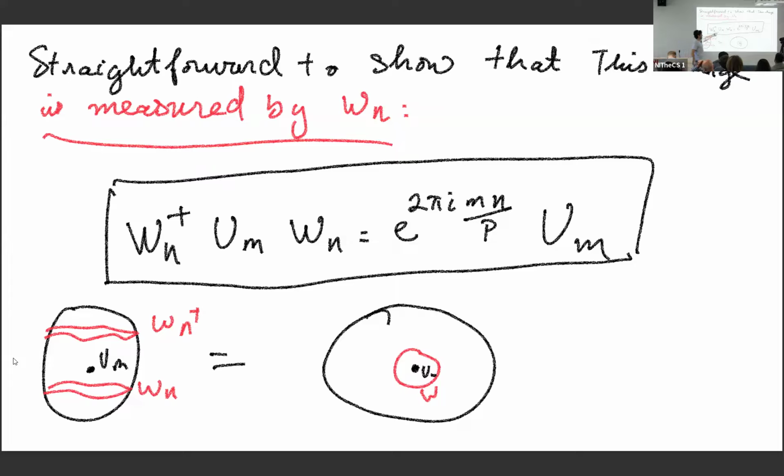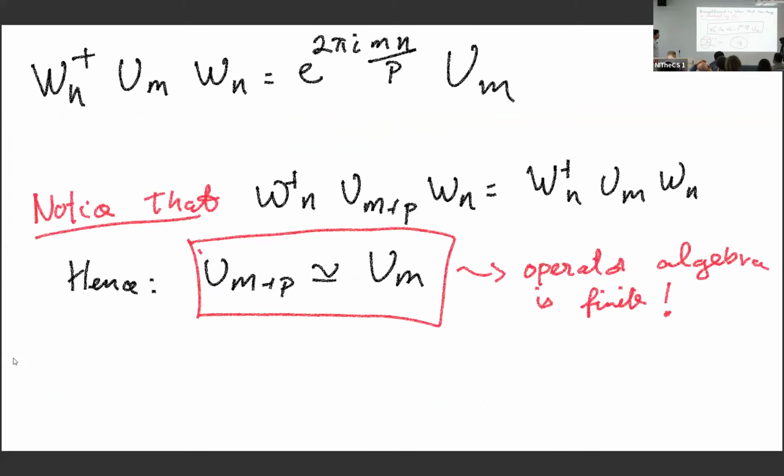This operator is charged because under a Z_p shift, it changes by a phase. And the charge is measured by the line. Now, notice one thing: this algebra is independent of whether I shift m by p.